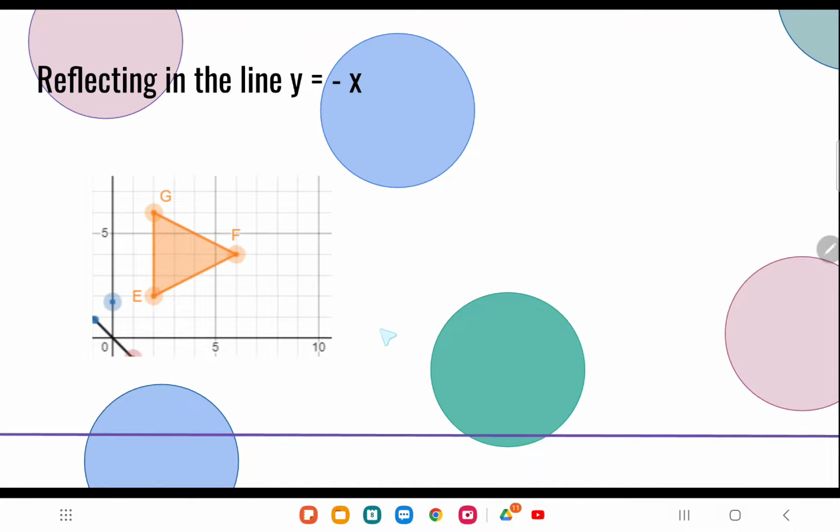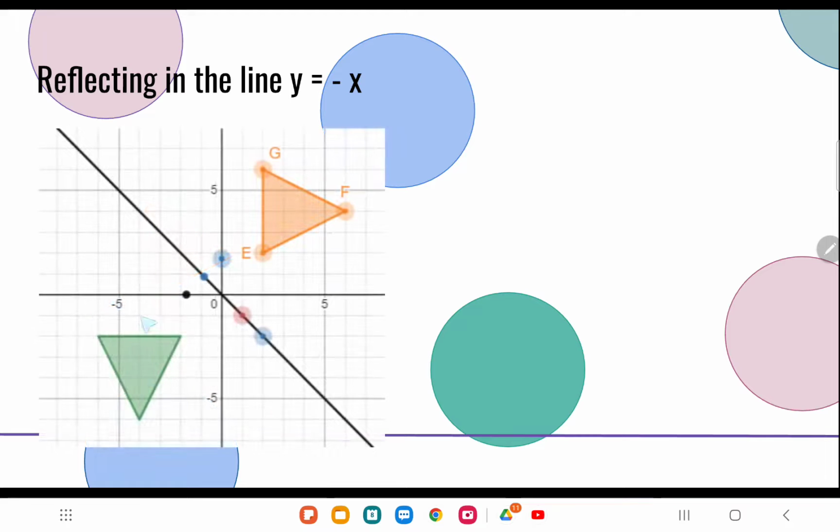We can also reflect in the line y equals negative x. Again, I have my triangle EFG here, and there's a little bit of my line y equals x. If you think about this, I am going to end up over here in quadrant 3 from quadrant 1. And indeed, there it is. My coordinates for E to E prime have changed from 2, 2 to negative 2, negative 2.